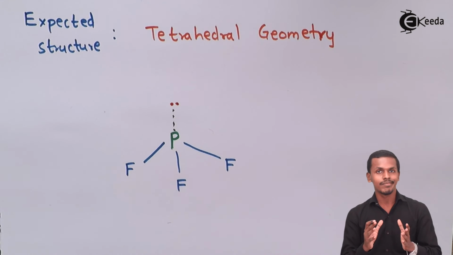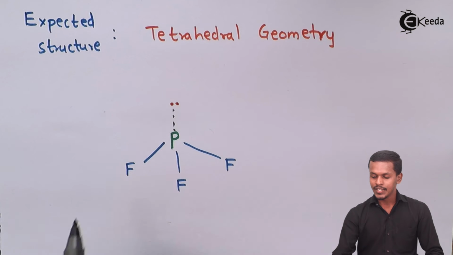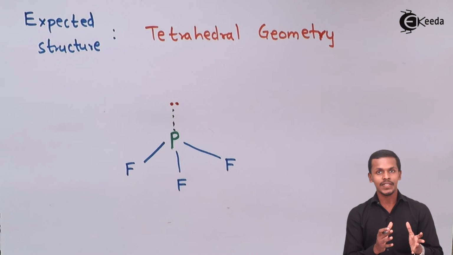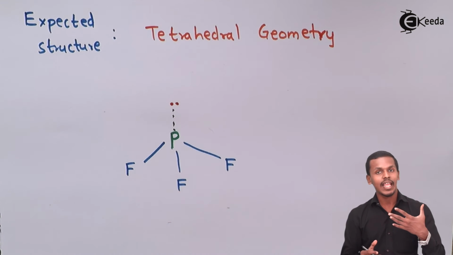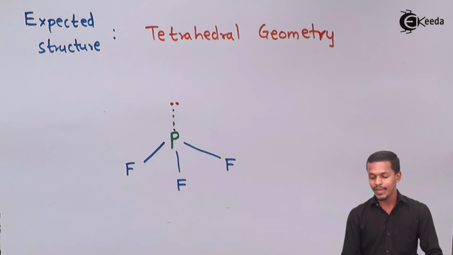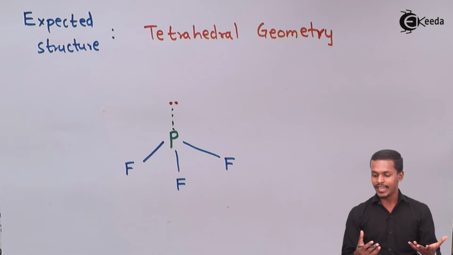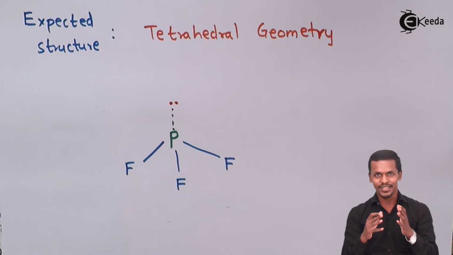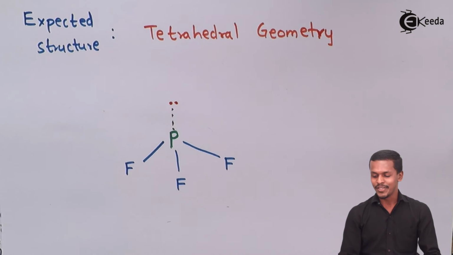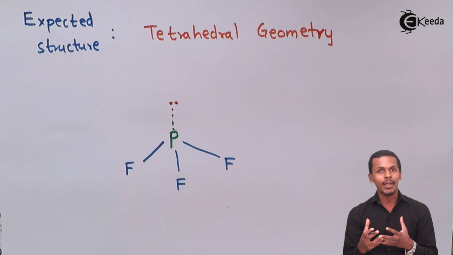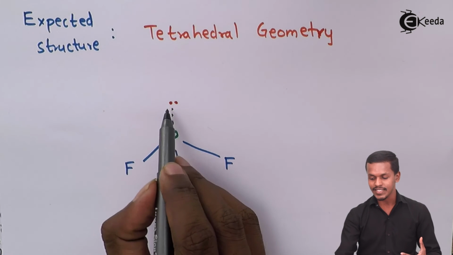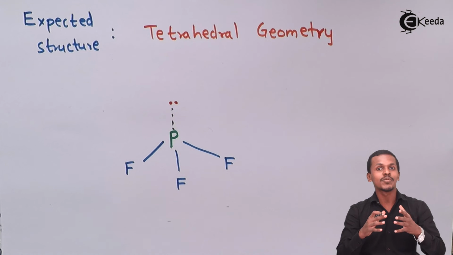But talking about the bond angle, this is the lone pair of electrons on phosphorus, and it will have an effect on the bonding pairs. Since fluorine is the more electronegative atom in this case, and in the whole halogen family, it will try to grab the electrons towards itself, and that makes the electron pair on phosphorus spread easily.